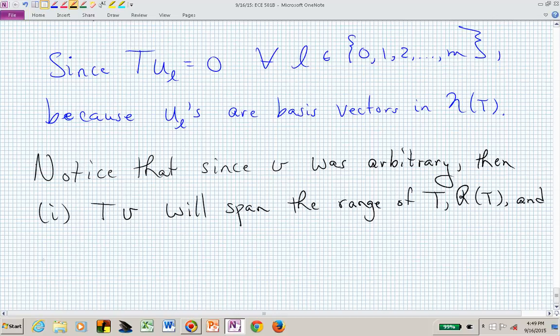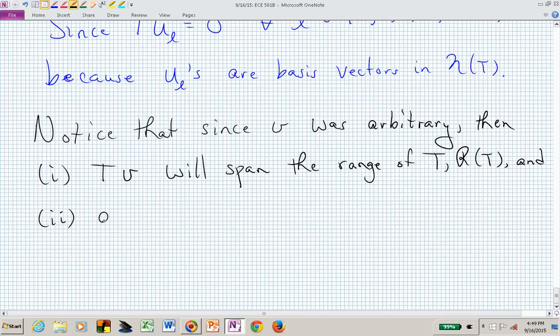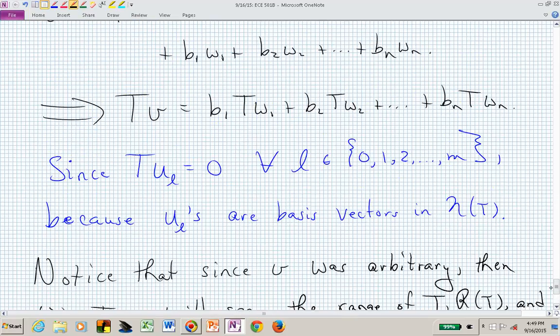I said we could make a couple of observations. No matter what we picked for little v, TV can be expressed as a linear combination of the basis, or of these w's.